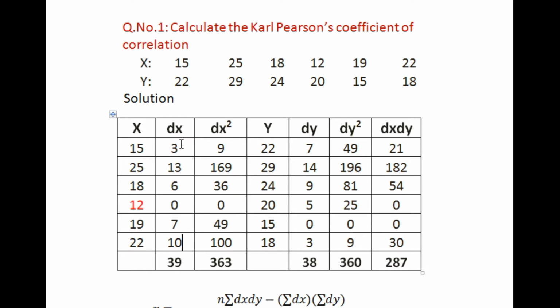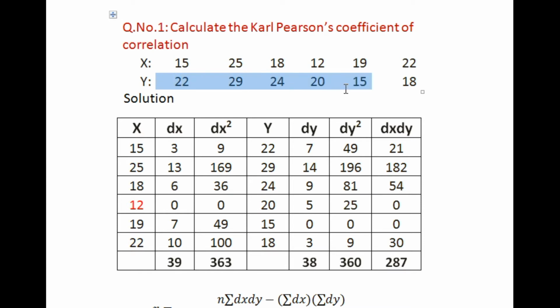Then square these dx numbers: 3 square is 9, 13 square is 169, 6 square is 36, 0 square is 0, 7 square is 49, 10 square is 100. Taking the total, summation of dx square is 363.